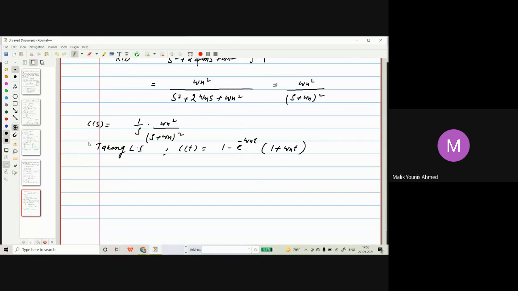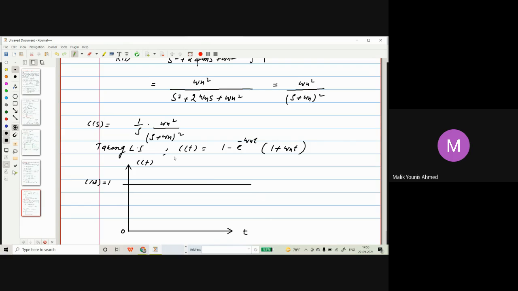If we draw the graph of this, this is C of t. C of infinity will again be 1, which you can very clearly see. This is 0, this is time.